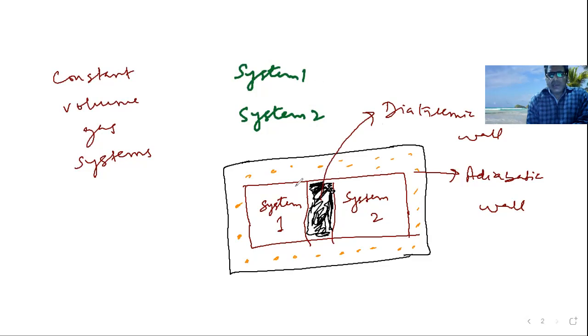If in that case, these systems were already in thermal equilibrium with each other, that means it is possible that system 1 and system 2 are isolated from each other and they are still in thermal equilibrium with each other. So to test that, we bring them in thermal contact using diathermic wall. If macroscopic variables don't change, they were already in thermal equilibrium with each other. And if they change, they will come in thermal equilibrium with each other after some time, right?